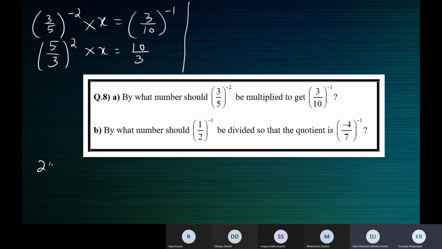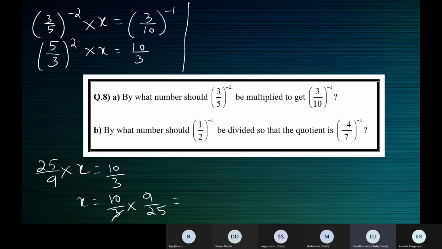You're saying it will be 25 by 9 into x is equal to 10 by 3. Correct. x is equal to 10 by 3 into 9 by 25. Yes, that is equal to 6 by 5. So same answer, ma'am. Correct. We'll do it like this itself. You can also do it like this.